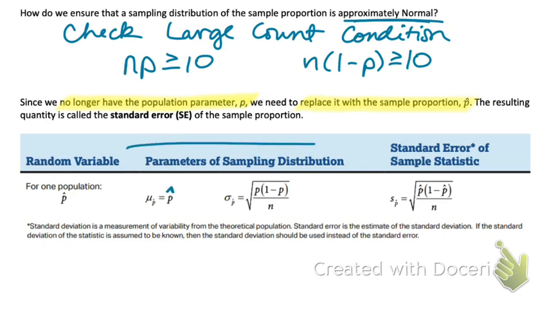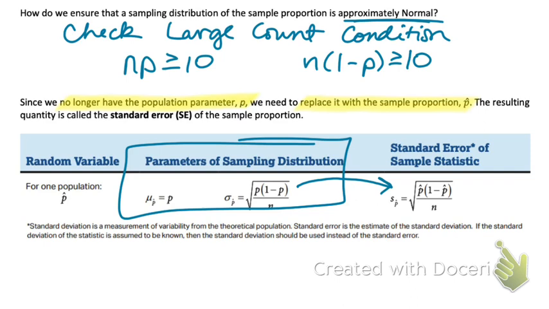You'll even see on the formula chart, these are the formulas you have been using for chapter 7, that if we don't know the true population p, we're just replacing it with p hat. Now there is a terminology difference. If we're using the estimate of p, if we're using p hat, the sample proportion, then we call that the standard error instead of the standard deviation.